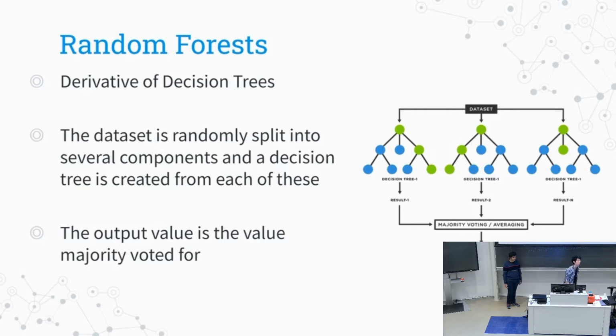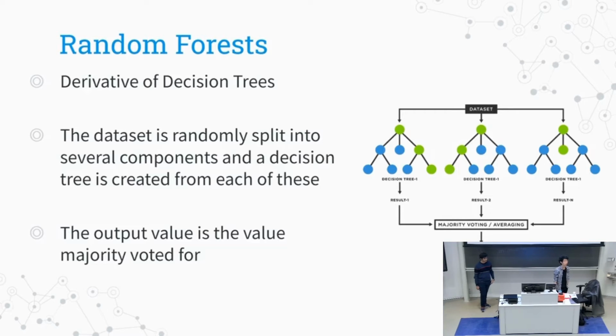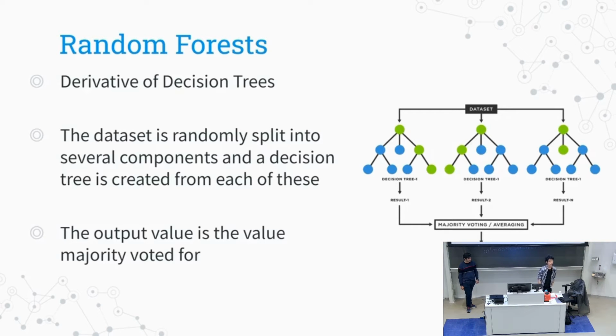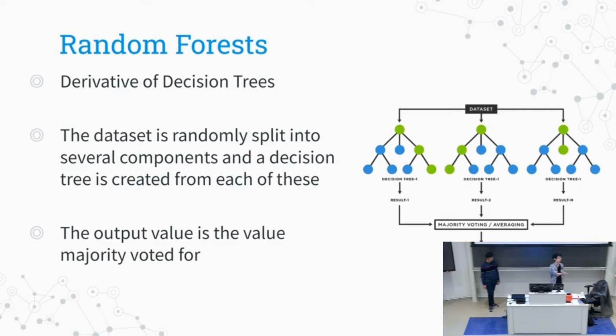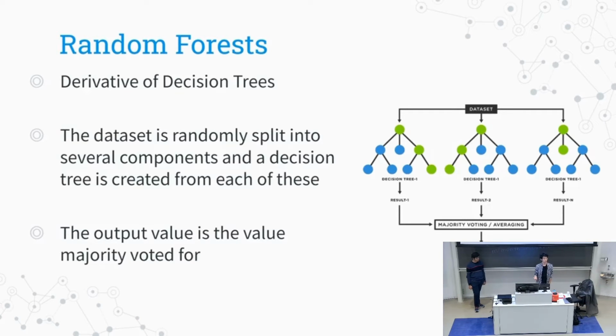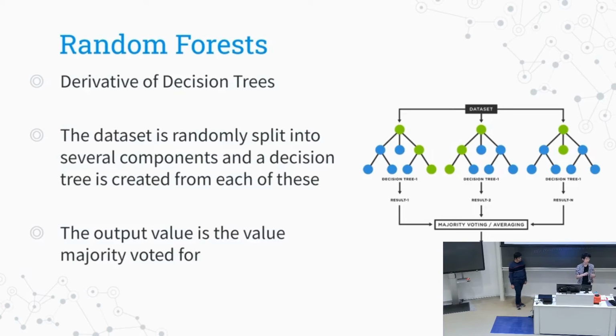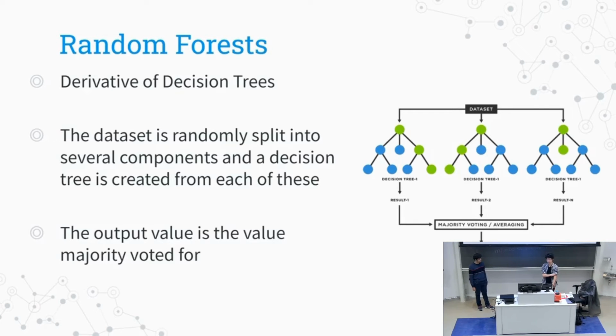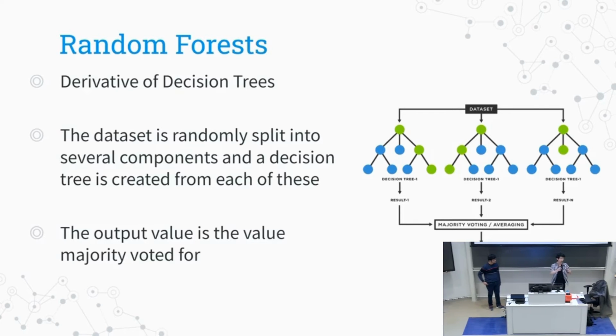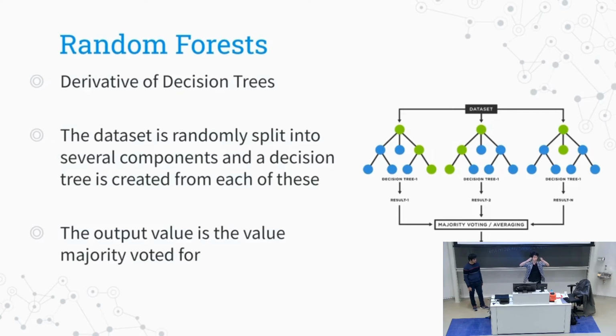Having multiple decision trees means that all of them were trained with different data? Yes, so how do we get multiple decision trees? There are several ways you could do this. One way is to split the data set into the number of trees you have, and then train the trees on each specific subset of the data set.